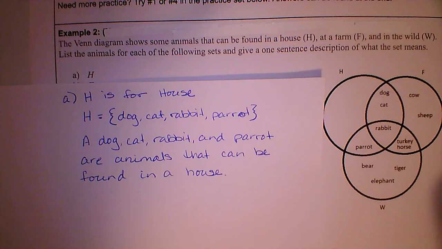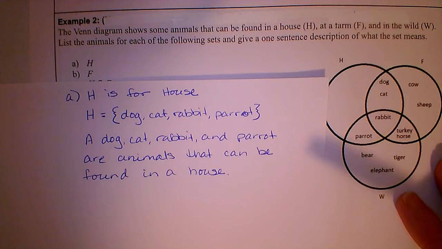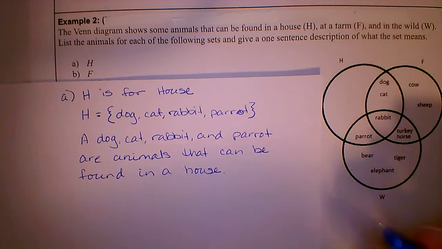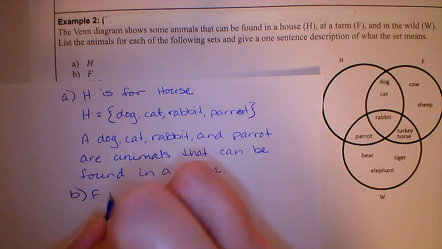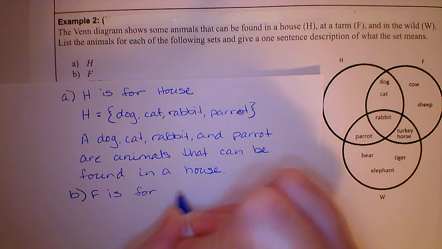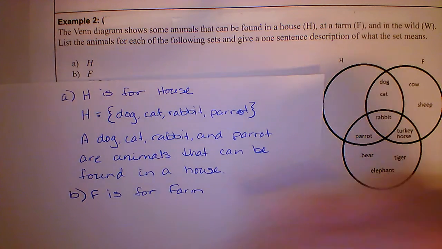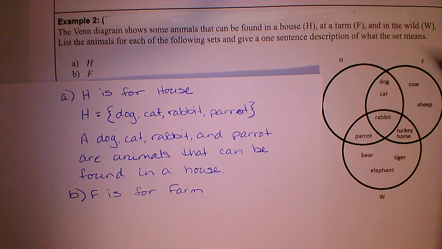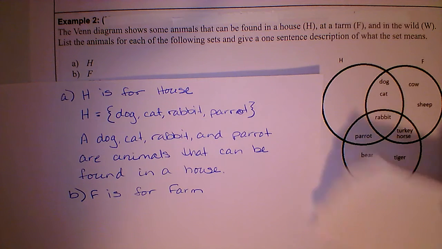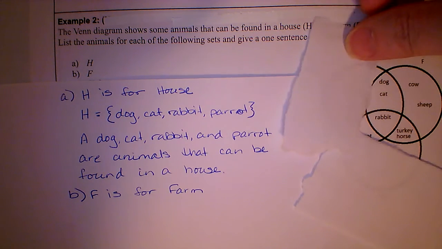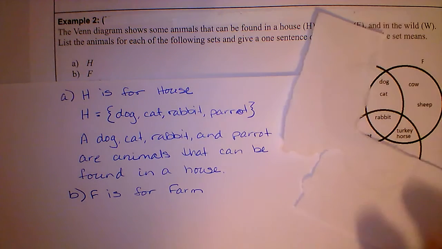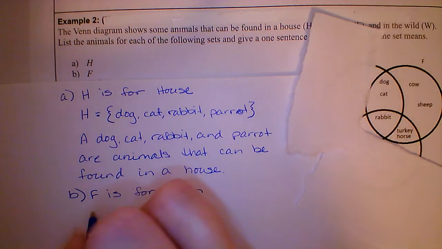All right, so let's take a look at part B. Well, part B is really similar. So let's see if we can go through this a little bit faster. I know F is for farm. So I know all I want is my F circle. So I'm going to use this strategy again and literally cover up all the other things, so that way I've only got my F circle.